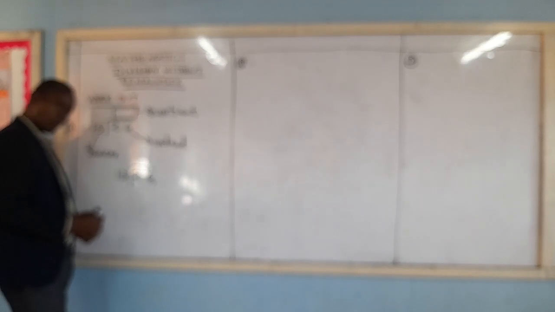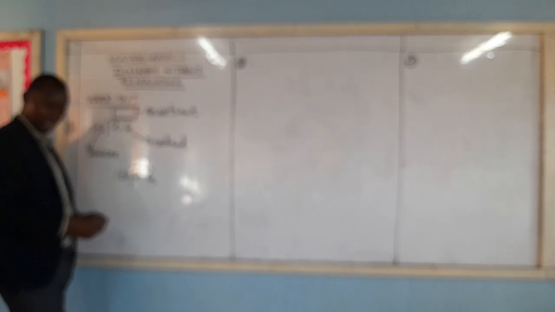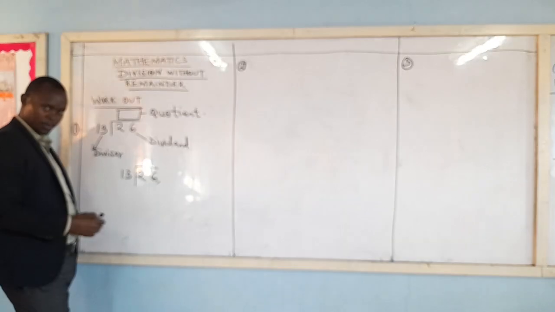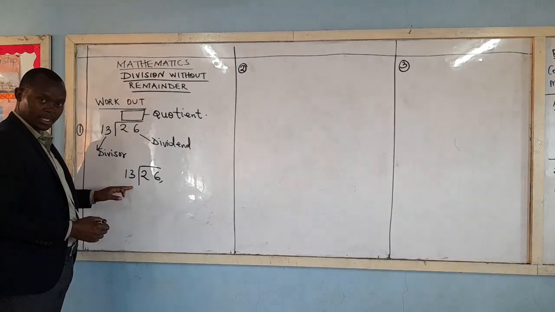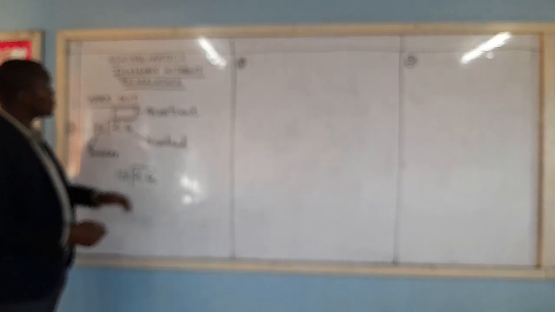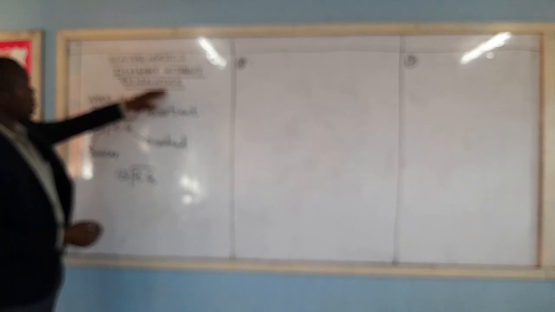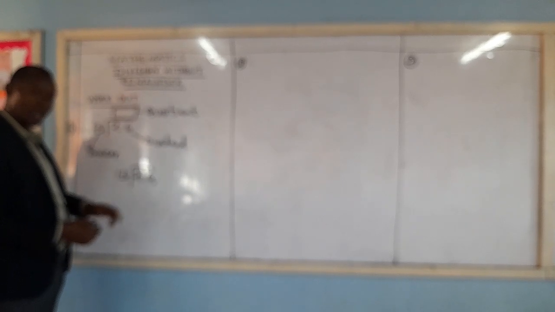Then now we ask ourselves, how many times can 13 go to 26? In other words, we make a multiplication table of 13 until we get 26. Since we are working out division without a remainder, we expect that 26 will terminate.